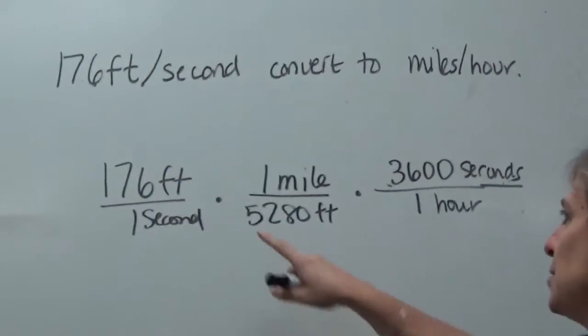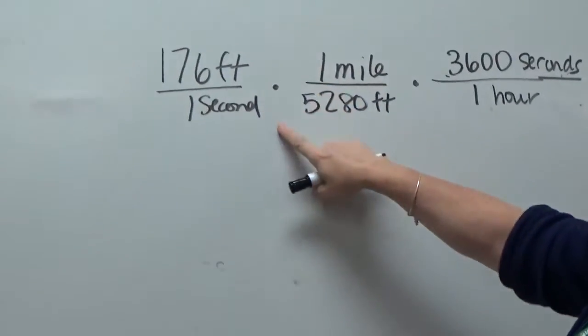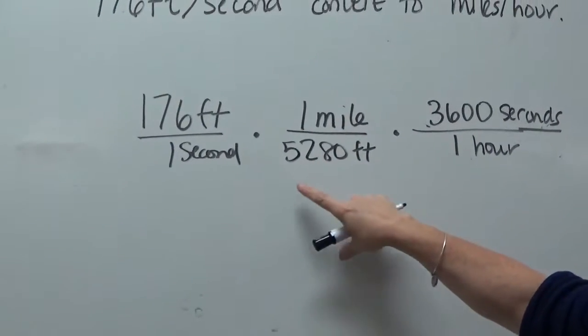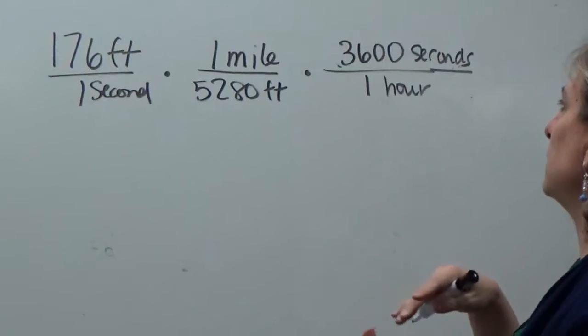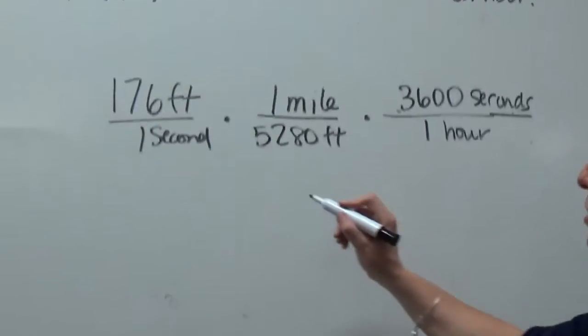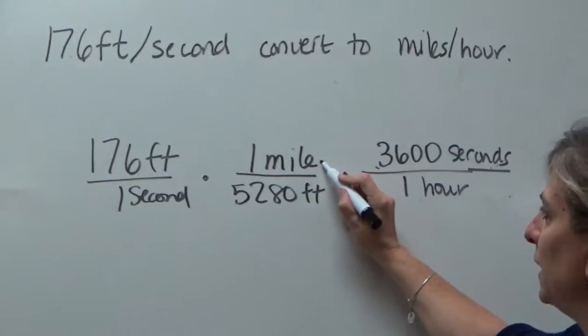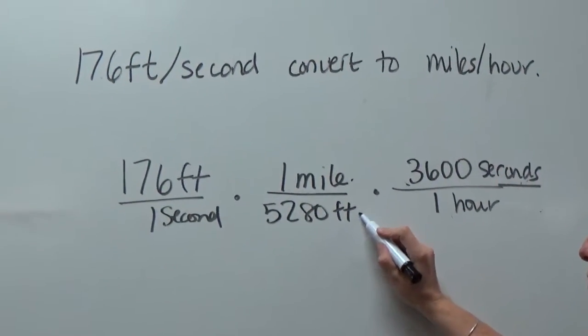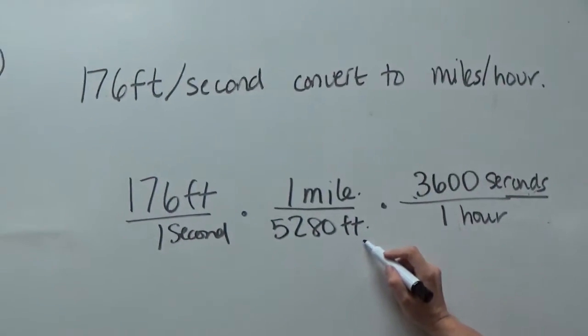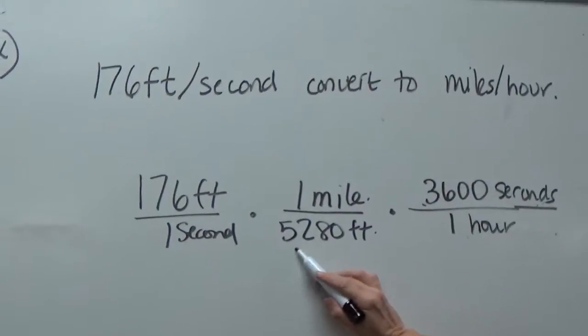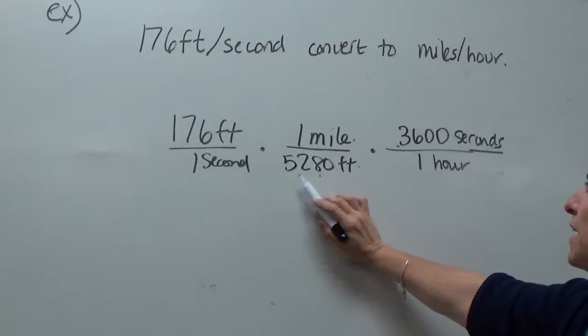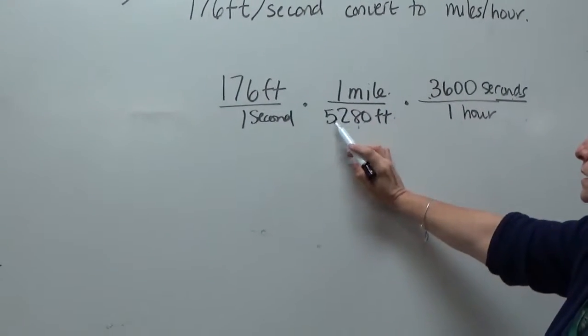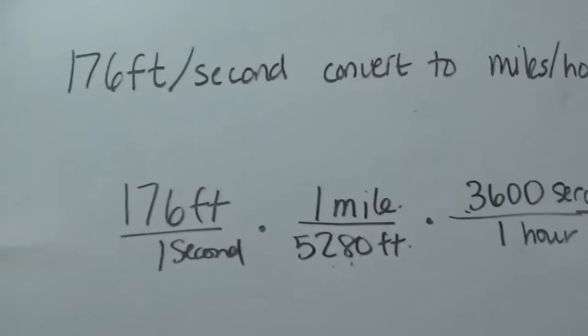The first thing we have to do is cancel out feet and seconds, and we also want to get miles and hours in there. So I'm going to multiply by 1 mile per 5,280 feet. I can't remember if I told you already, but "fine tomatoes" sounds like 5280. So 1 mile is 5,280 feet.